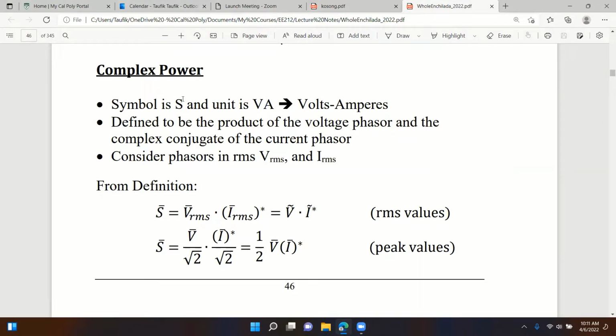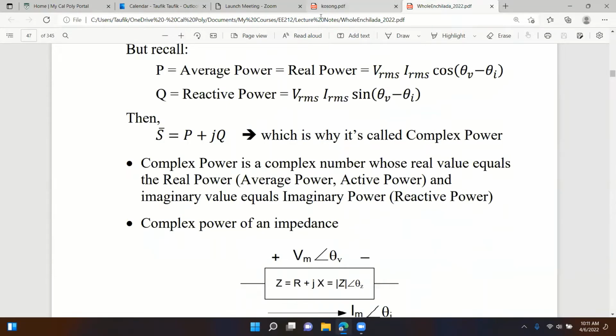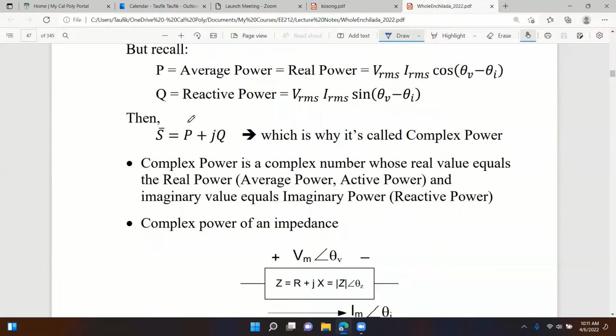And we learned that complex power consists of two types of power, P and Q. So complex power is equal to P plus jQ, and from this equation we can observe that complex power has two different types, average power P and reactive power Q, right?